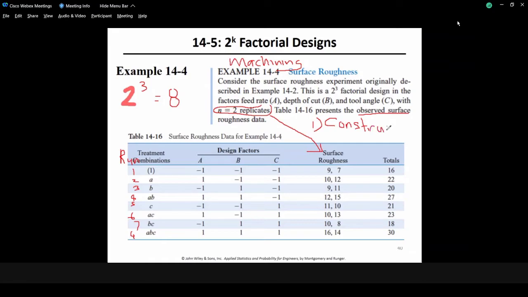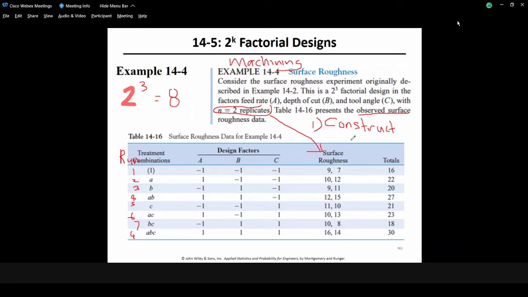We want to see whether these 3 factors, which are feed rate, depth of cut, and tool angle, affect surface roughness. You want to know which one significantly affects roughness, so you need to construct the ANOVA table using manual calculation or using Minitab.